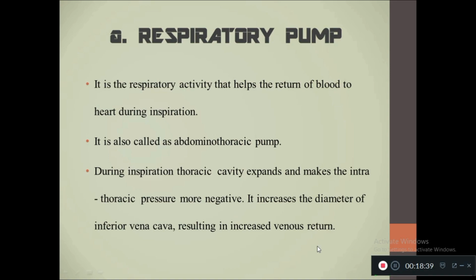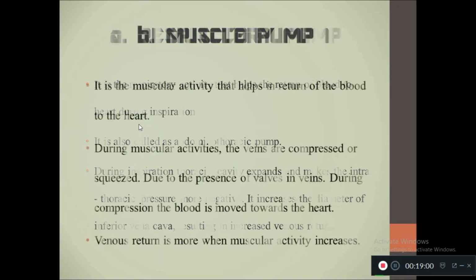At that time, the diameter of the vena cava increases, which results in increased venous return. When the diameter of the vena cava increases, more blood is going to pass through the vein to the heart. So this is about the respiratory pump or abdominothoracic pump.